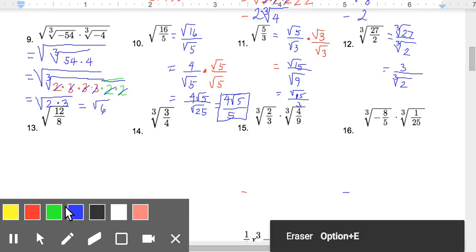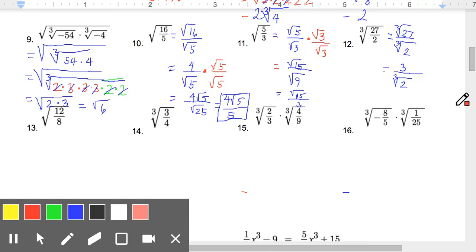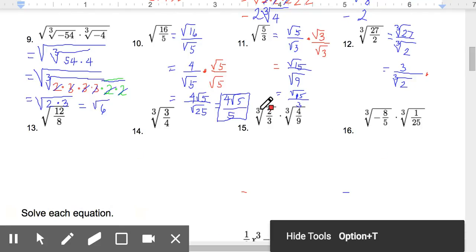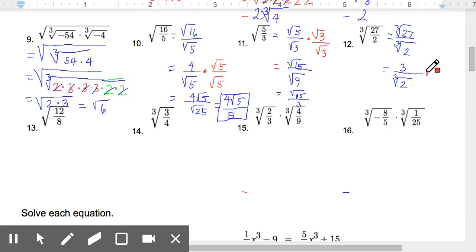However, we don't want the cube root at the bottom, so we need to rationalize this. So we're going to multiply this by something equal to 1, but at the same time, it should get rid of the cube root at the bottom.